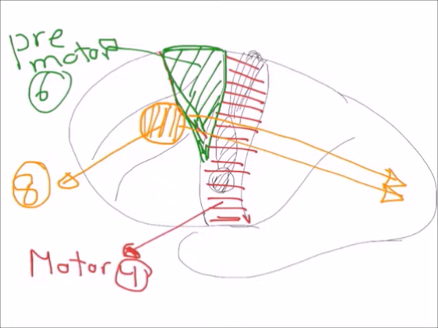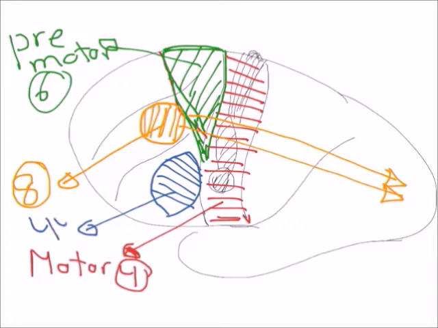Just below this area, we have a very important area, which is lying in the inferior frontal gyrus. This area is called Broca's area, or motor area of speech, area 44. It's mainly on the left dominant hemisphere.